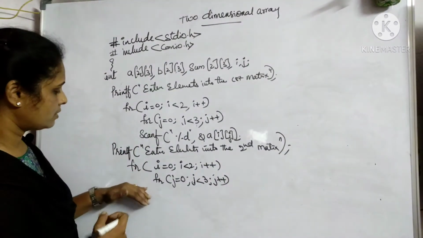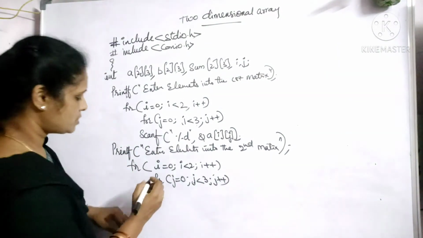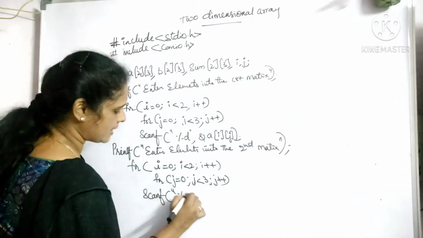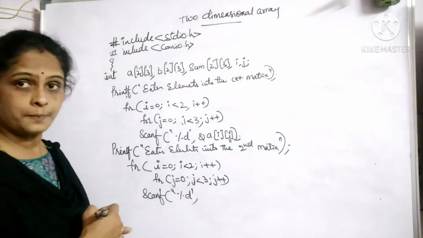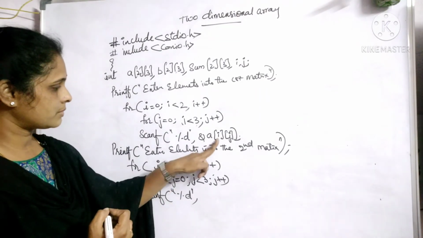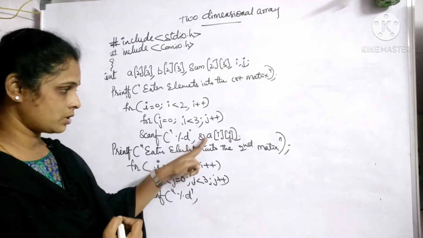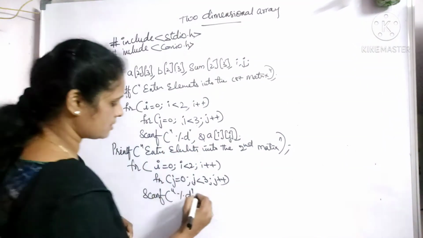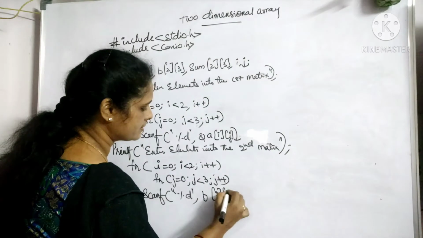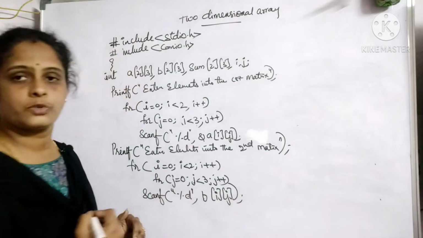Then what? Accept elements into them. So what do you do here? scanf "%d", followed by, here you have i and j, sorry, the matrix B here. So matrix B, i and j. Okay, right.